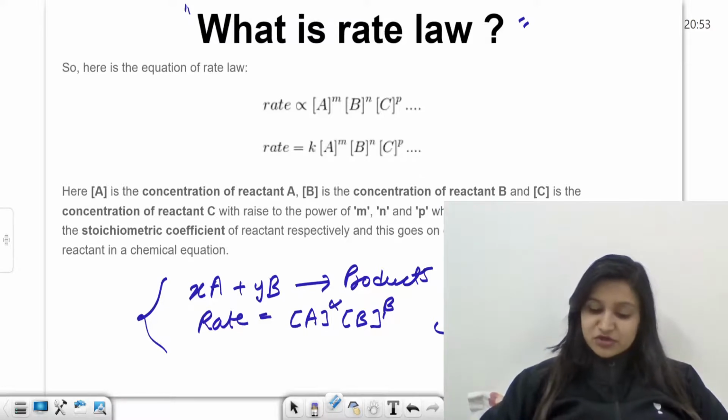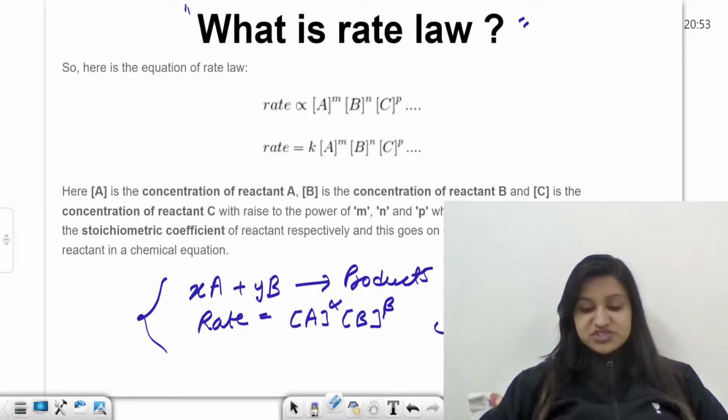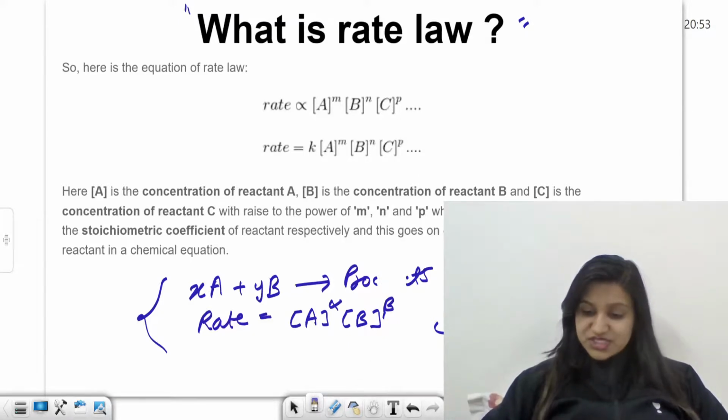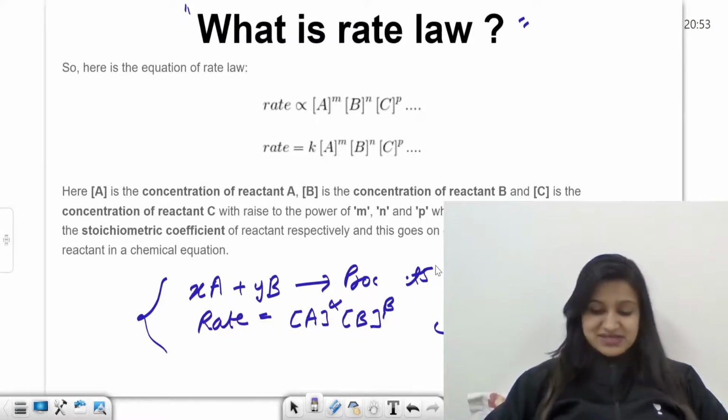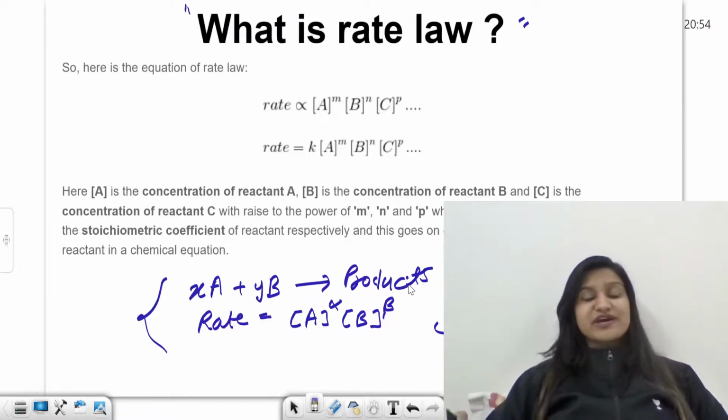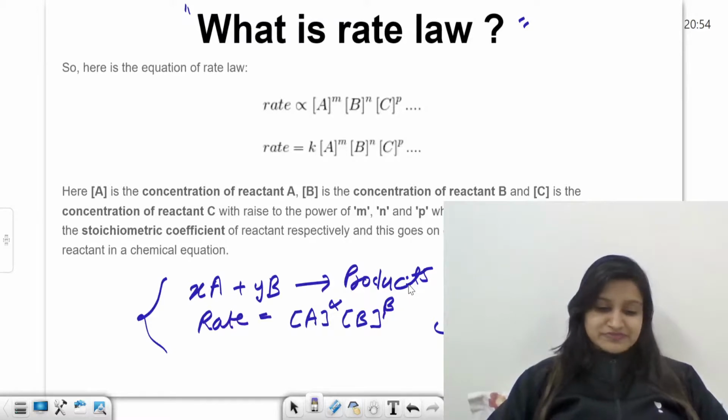Which may or may not be equal to the stoichiometric coefficients of the reactants respectively, and this goes on depending upon the number of reactants in a chemical reaction. Cool. So I hope that this is clear to you right now.